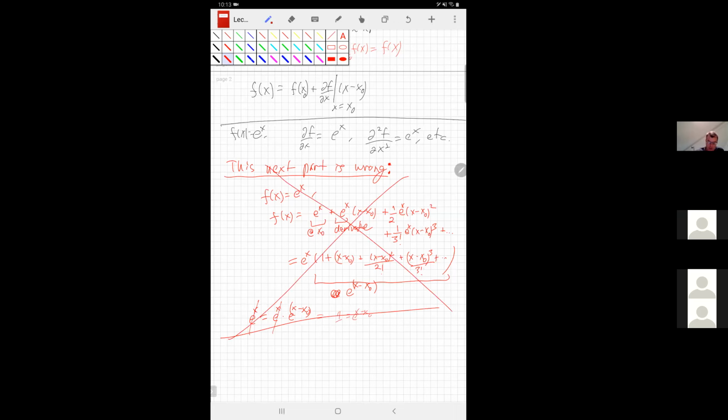The correct way to do it would be to say that f of x is equal to e to the x naught, that's f of x naught, plus e to the x naught times x minus x naught. This is the derivative.